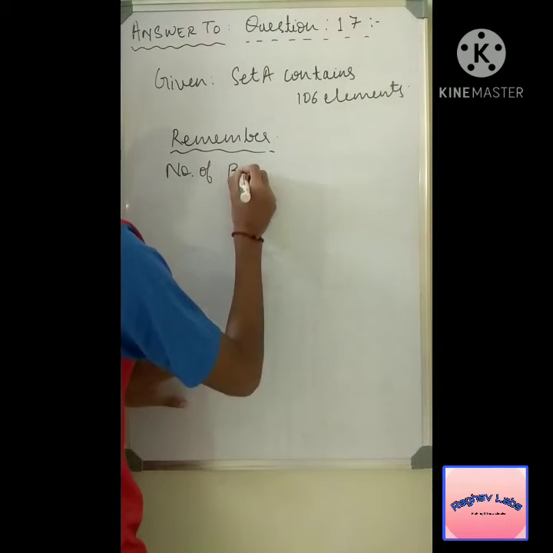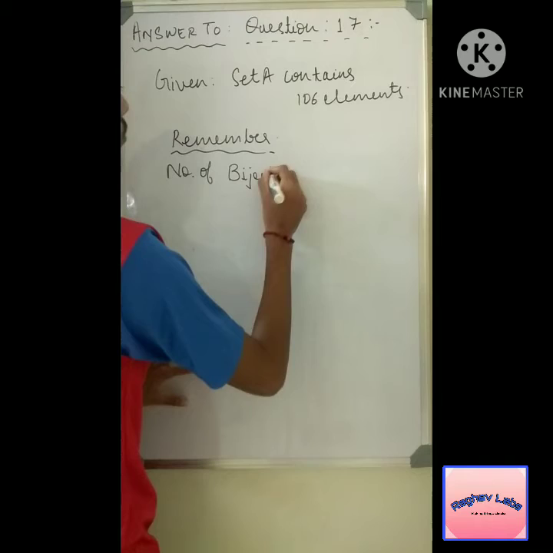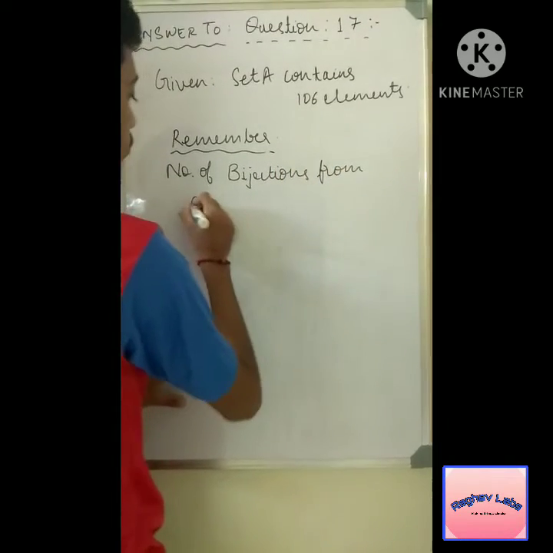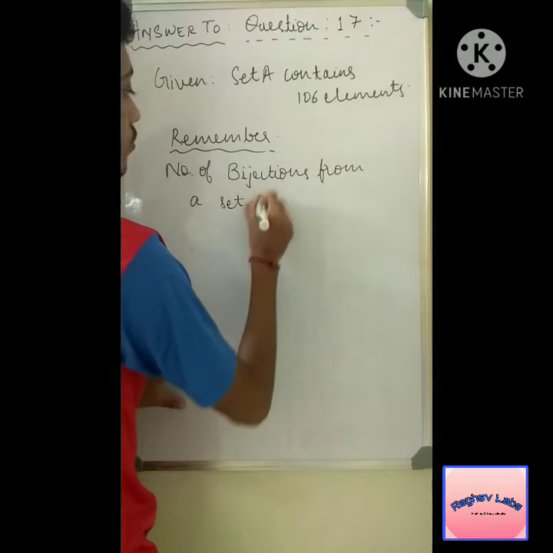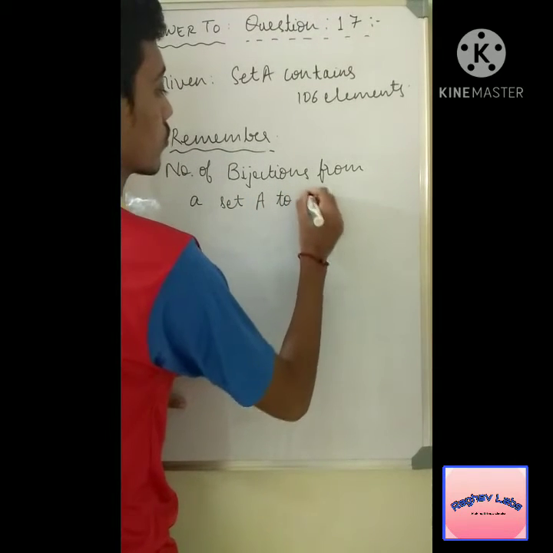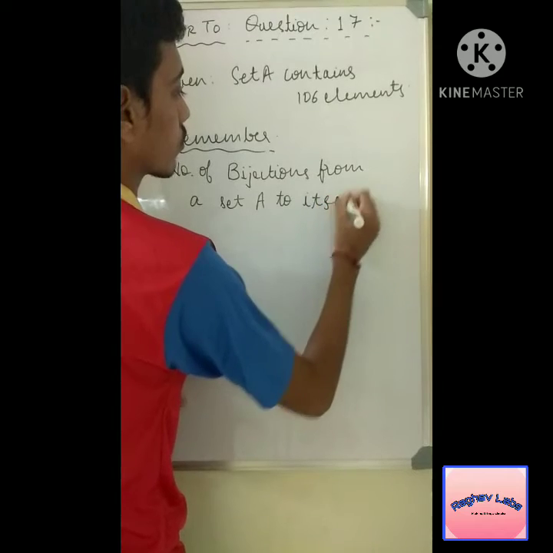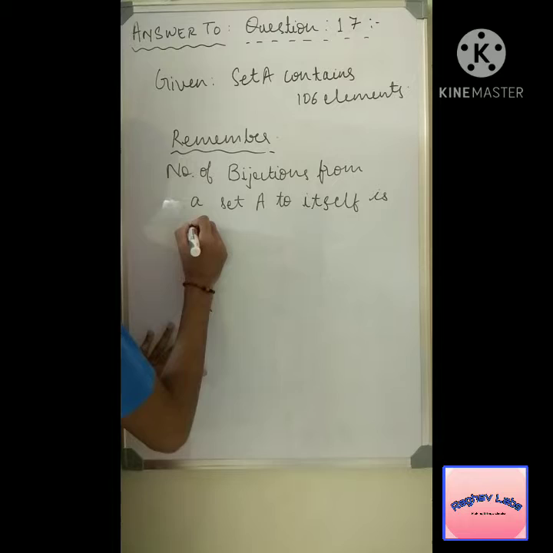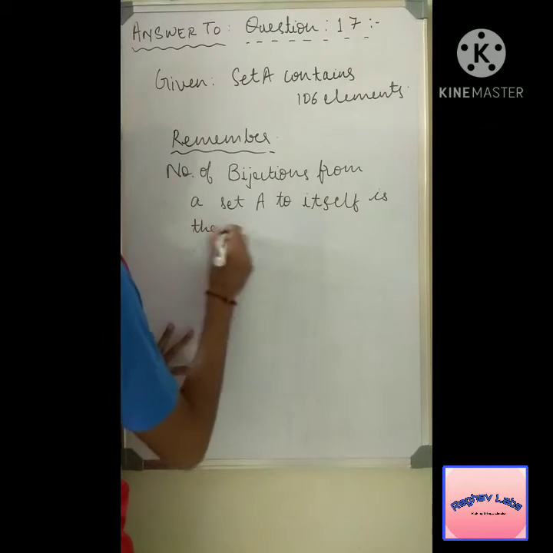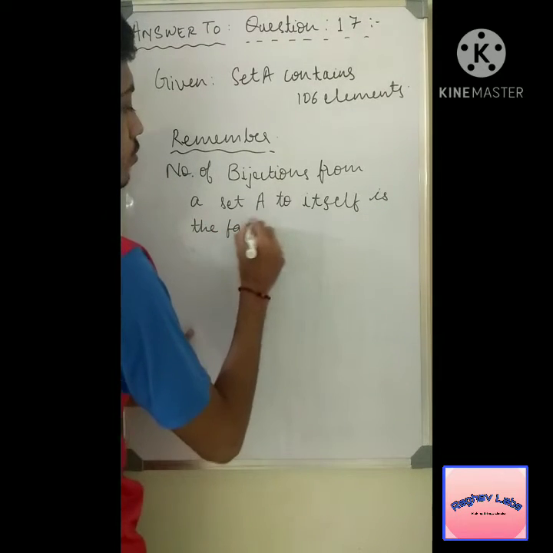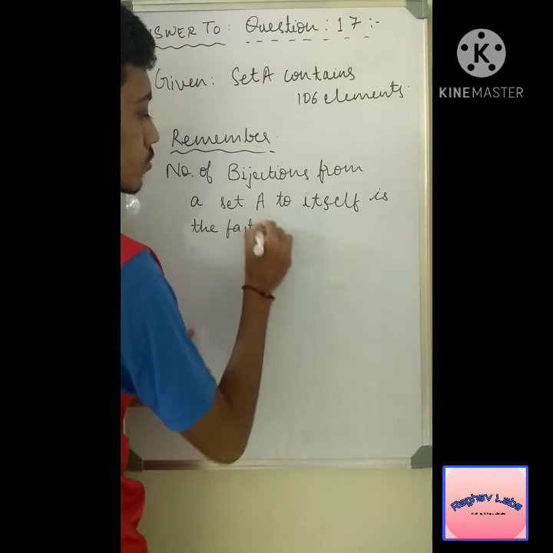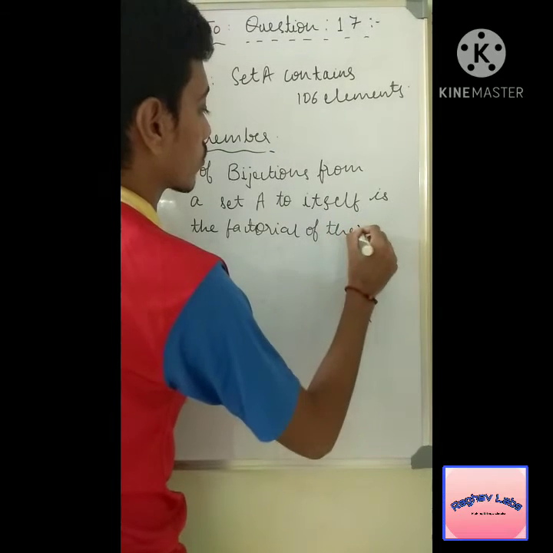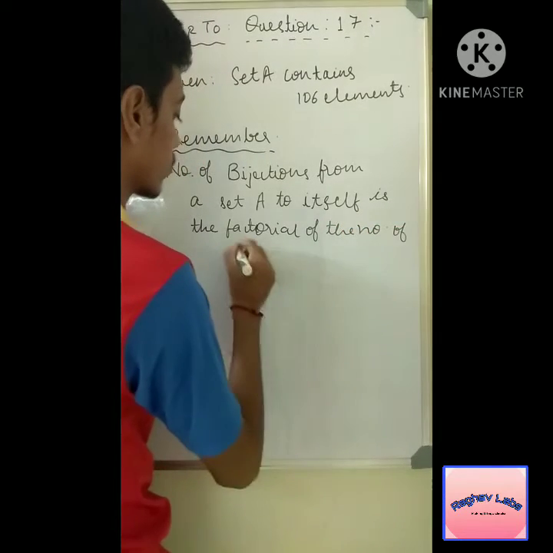The number of bijective functions from set A to itself is always the factorial of the number of elements given in the set.